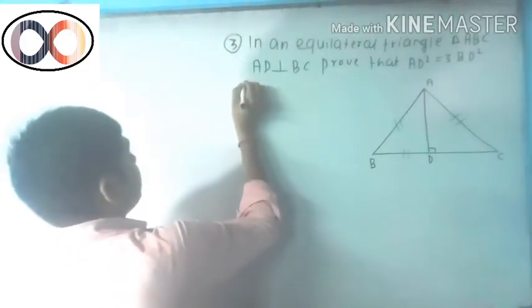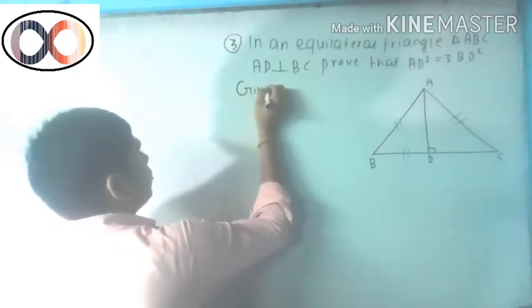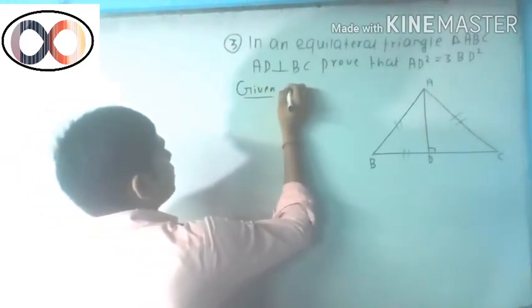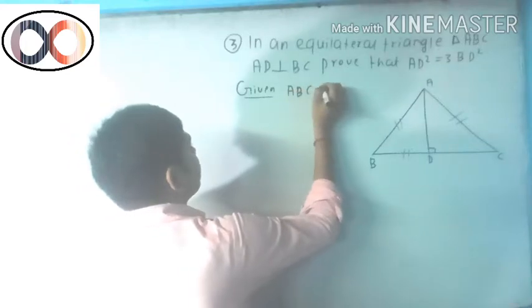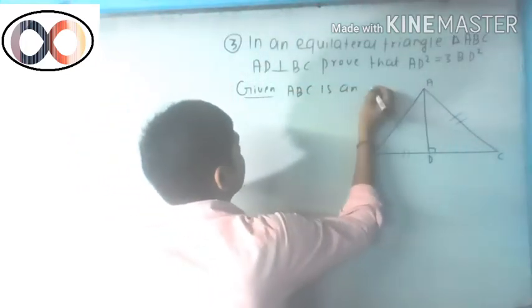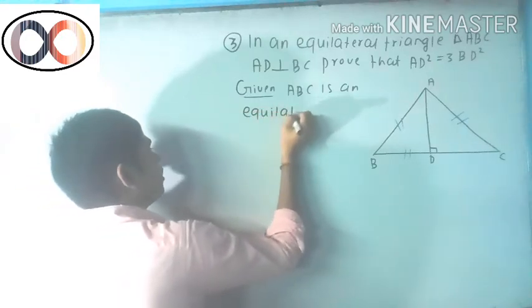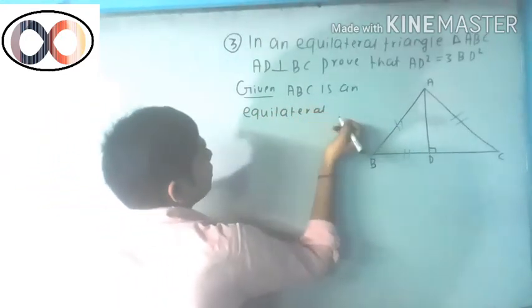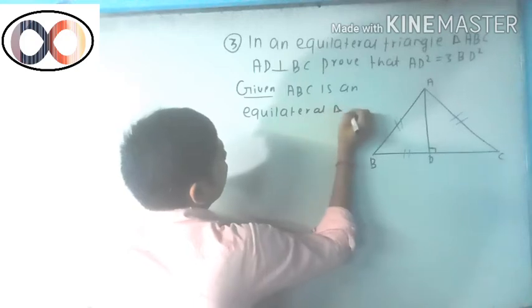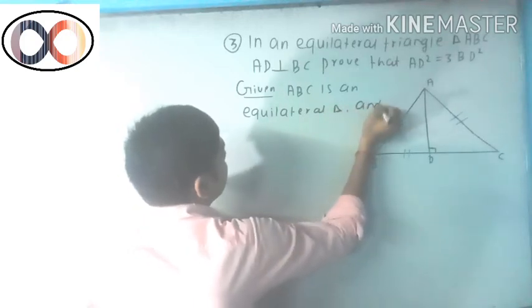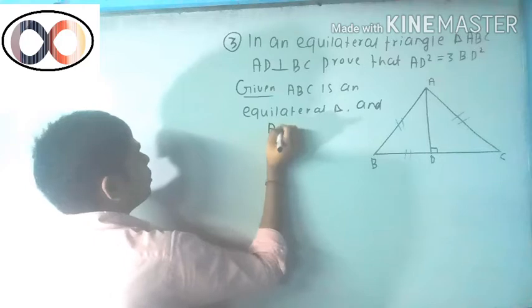What is the given? ABC is an equilateral triangle. Equilateral triangle means all sides are equal, and AD is perpendicular to BC.